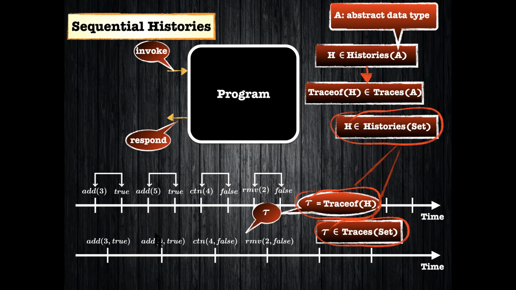Now you can look at the trace that you have obtained, and you can judge whether it belongs to the set of allowed behaviors of an abstract data type, because we know what this means.